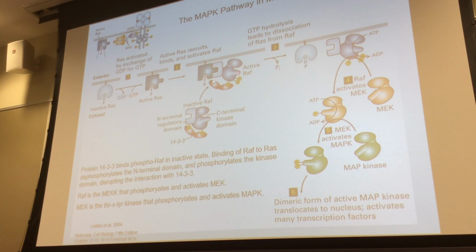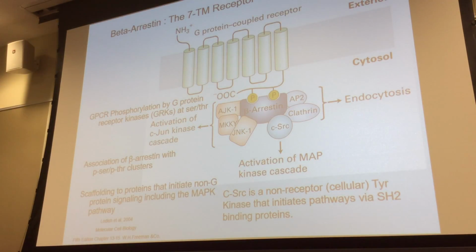So this now becomes a kinase that can be activated once it gets phosphorylated itself, and it activates a MAP kinase ERK kinase, or MEK, at its serines or threonines, and then it phosphorylates in dual positions. One is a tyrosine, and the next one is a threonine. So that activates our MAP kinase.